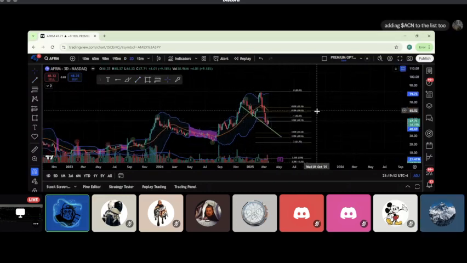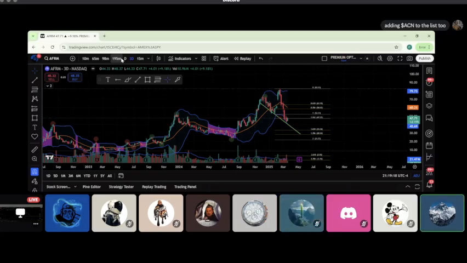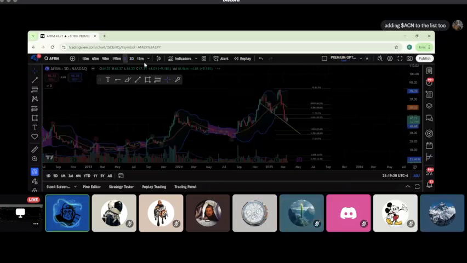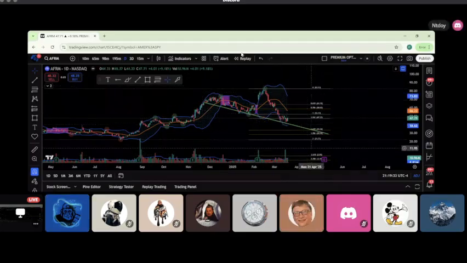Yeah, it's probably going to move up. We've got to wait and see. It's still making lower lows on this trend line. I don't have much for this one yet.